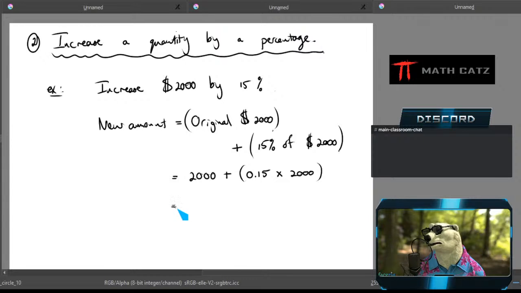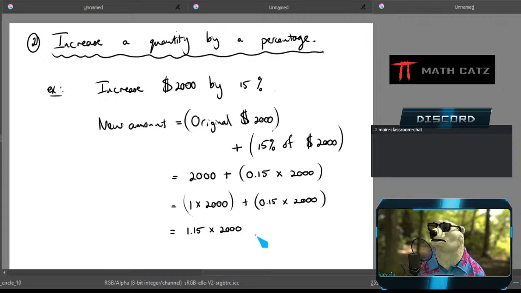So now I'll just elaborate here, not to try and confuse you, but to be as detailed as possible. I have one of my original 2000. I get another 0.15 of 2000. How many 2000s do I have? 1.15. If you want to see it in a different way, I factor out the 2000, 1 plus 0.15.